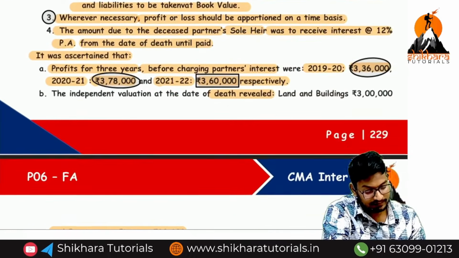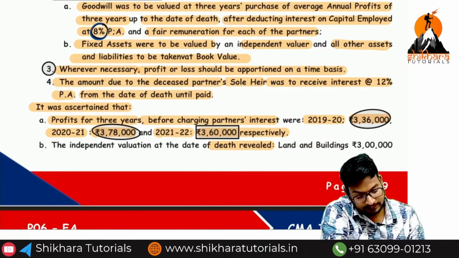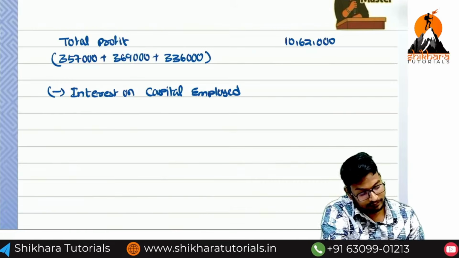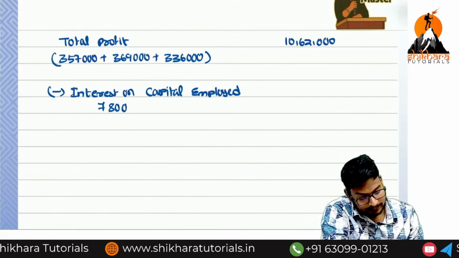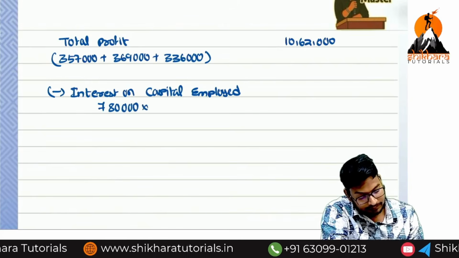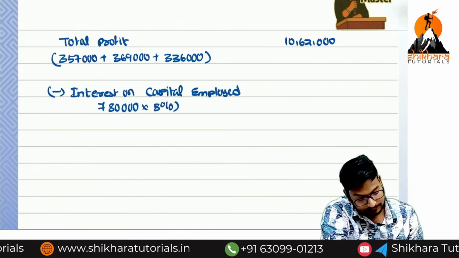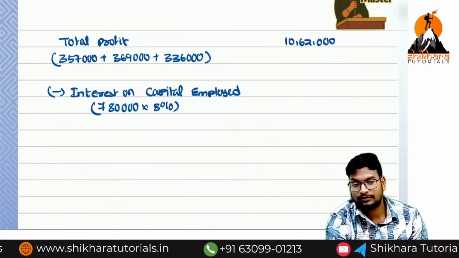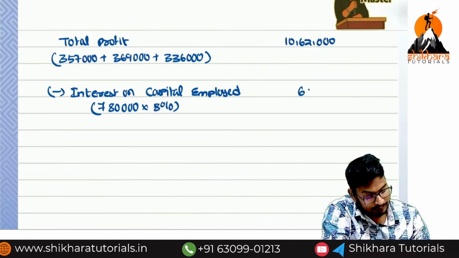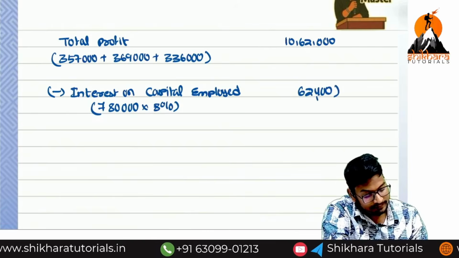On this, what percentage do we need to calculate? 8%. So that is 7,80,000 into 8%. That is equal to how much? 62,400.